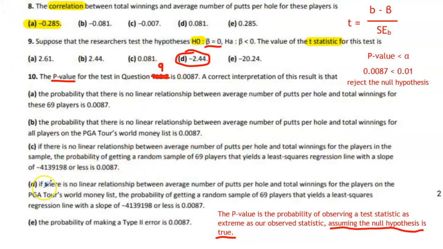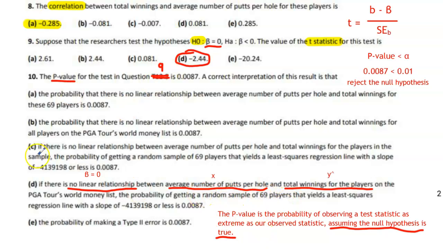That part is replicated here in choice D. If there's no linear relationship, in other words, beta equals 0, between the average number of putts per hole, which is X, and total winnings for the players, which is Y hat, the probability of getting a random sample of 69 players, that same exact sample size, right, that yields at least a least squares regression line with a slope of this or less is 0.087. This is the straight up definition of p-value. It's the probability of observing a test statistic as extreme as our observed statistic by using the same procedure, getting a random sample of 69 players.